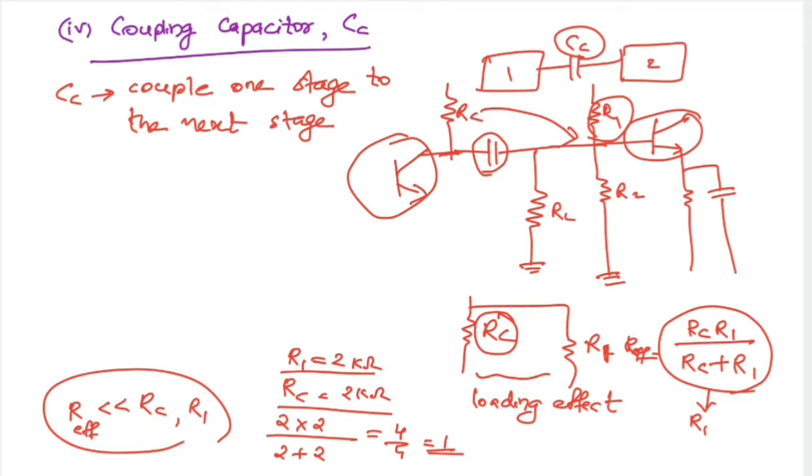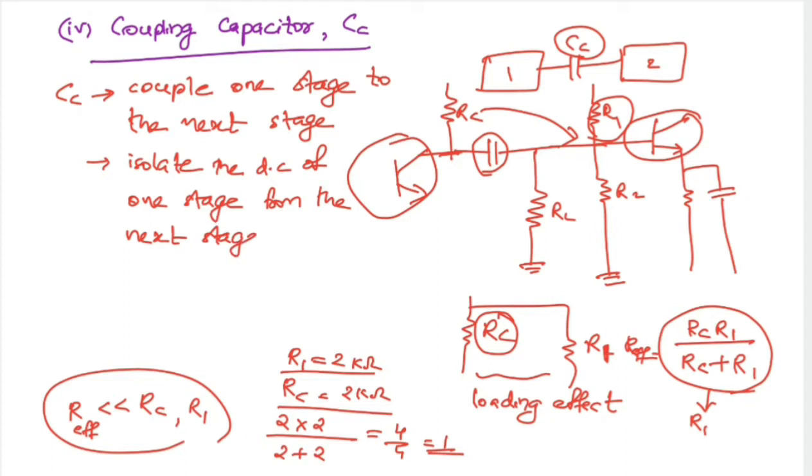That means when we are not using the coupling capacitor CC, then RC will come in parallel with R1 of the biasing network of the next stage and alter its biasing conditions. Another role of CC is to isolate the DC of one stage from the next stage, but allow only the AC signal to pass through.